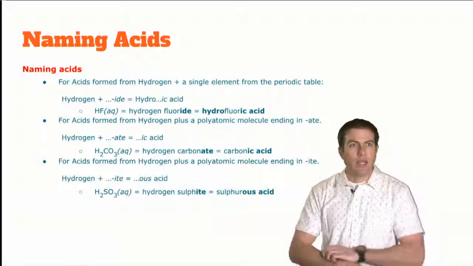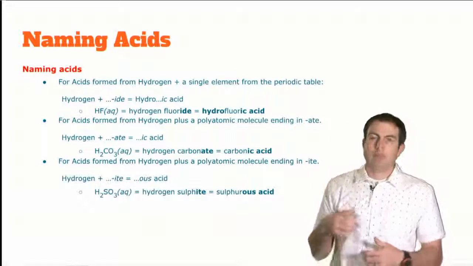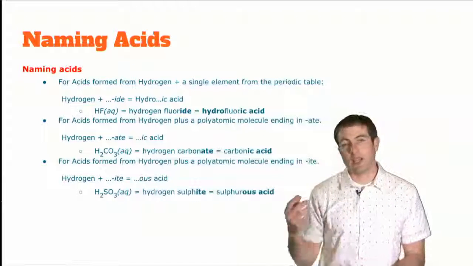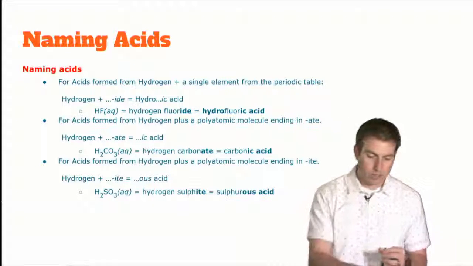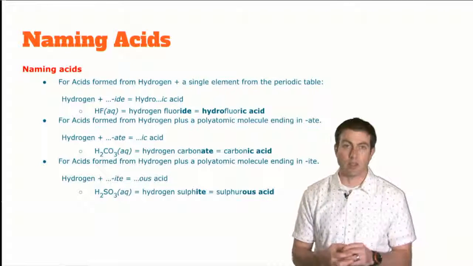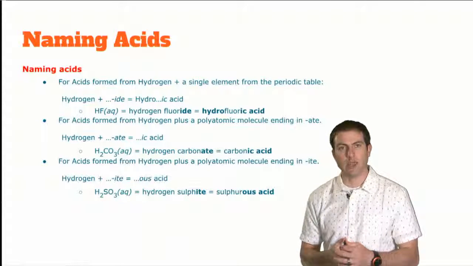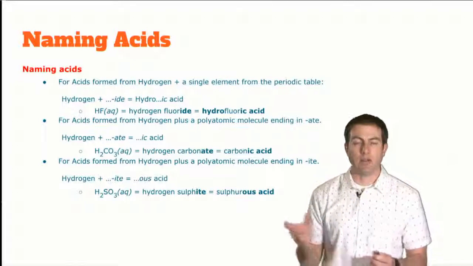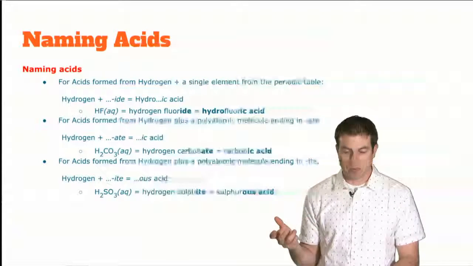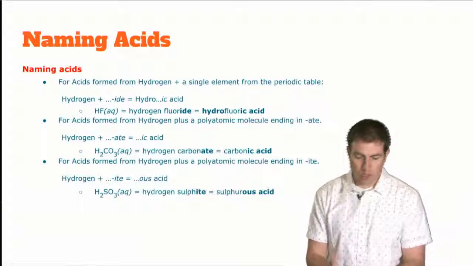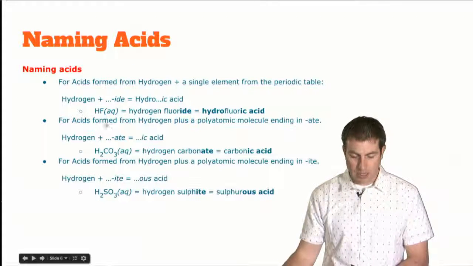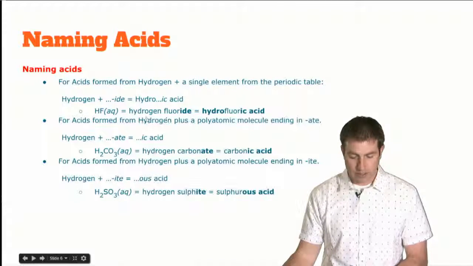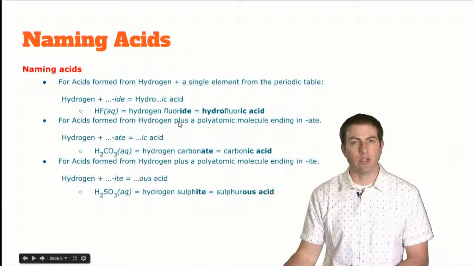So those are acids. This is where we go from being process-oriented back to memorization. So you should be able to name acids. Now, there'll probably be one question that you'll encounter on your exam that looks like this. You'll probably see a few in the unit test. But when we name acids, it depends on what the ending of our compound is. So if you have an acid just like HF or HCl, normally that would be hydrogen fluoride if it was just a regular ionic compound.